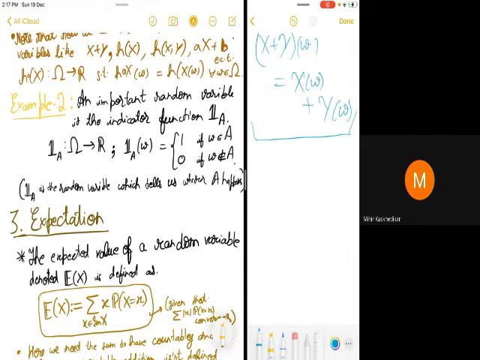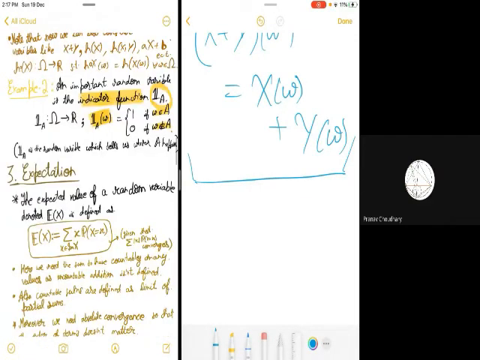The indicator function of an event A, denoted like this, is a function from omega to the reals, satisfying that the indicator function at omega is 1 if omega belongs to A and 0 if omega does not belong to A. So is this clear?